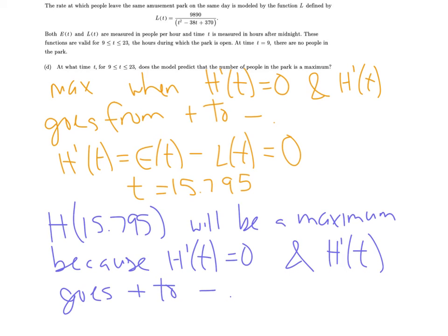And I know that because my entering is bigger than my leaving until 15.795, and then my leaving is bigger. And once my leaving is bigger, that's when we're going to decrease in the number of people in the park, so we have a max.